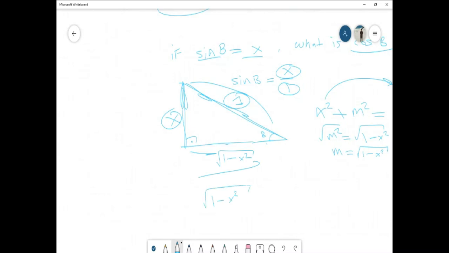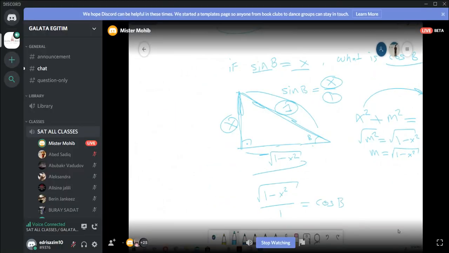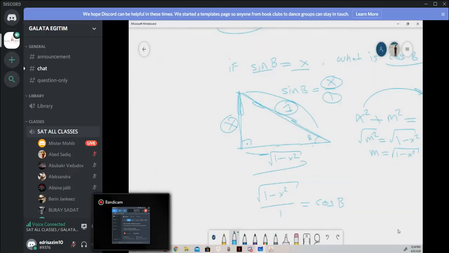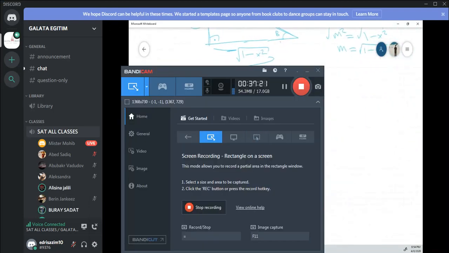So cosine beta is this side, the square root of 1 minus x squared, divided by hypotenuse, which is 1. Similarly, you can find tangent and cotangent for this question.